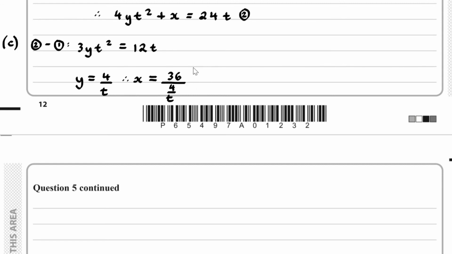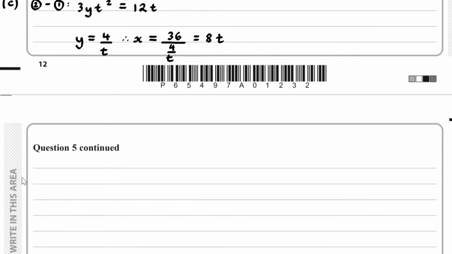And therefore, what we end up with here is 8t. Now, a hyperbola is of the form xy equals c squared. That's a rectangular hyperbola.